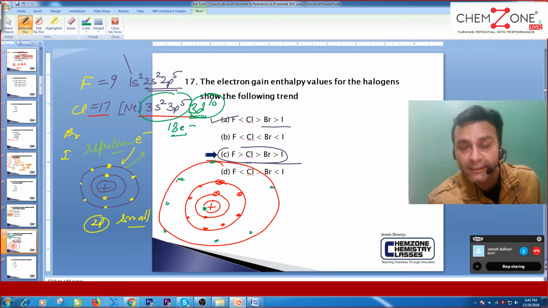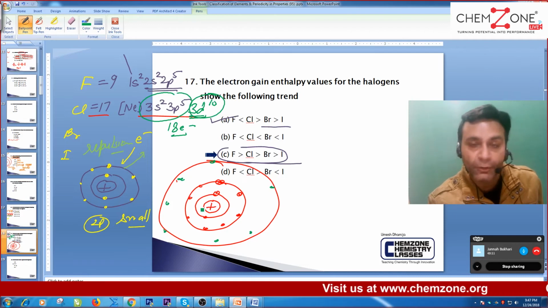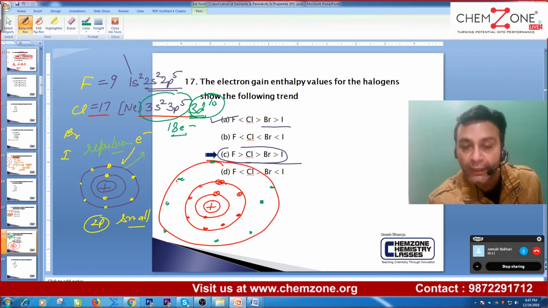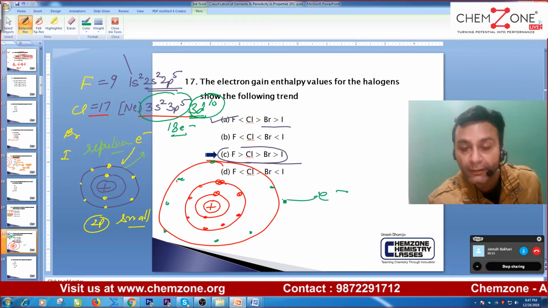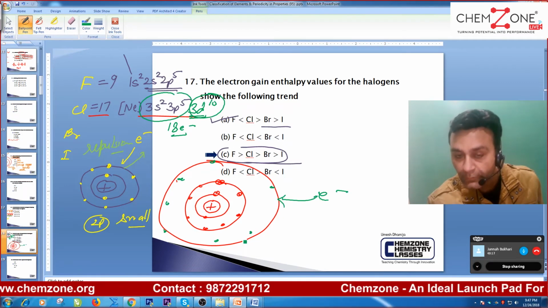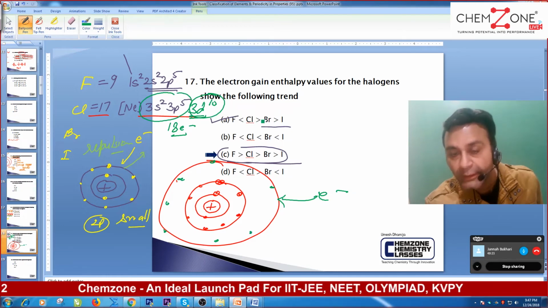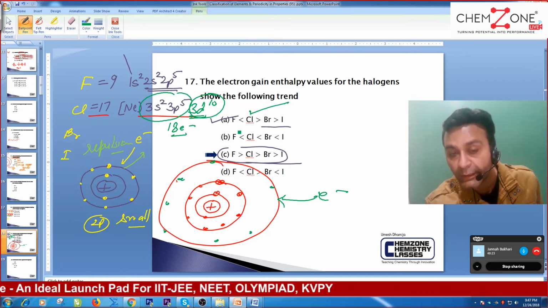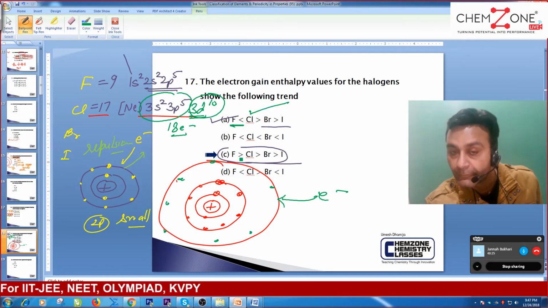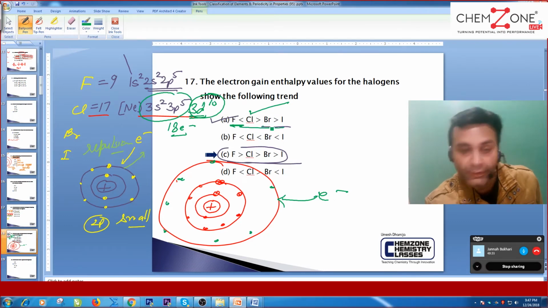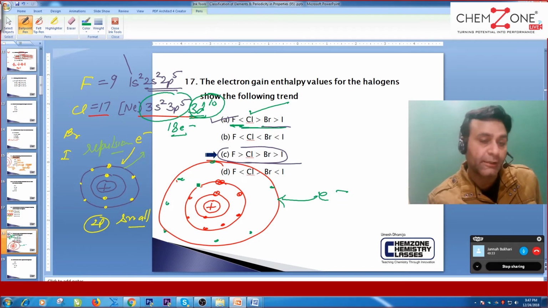It means it still has a bigger size. A lot of space is vacant right now, and the incoming electron can be easily adjusted here. There will be no repulsion. It means the electron gain enthalpy for chlorine is more than that of fluorine. Right? So this is the correct sequence now. So A is the correct sequence. Any doubt? Okay.